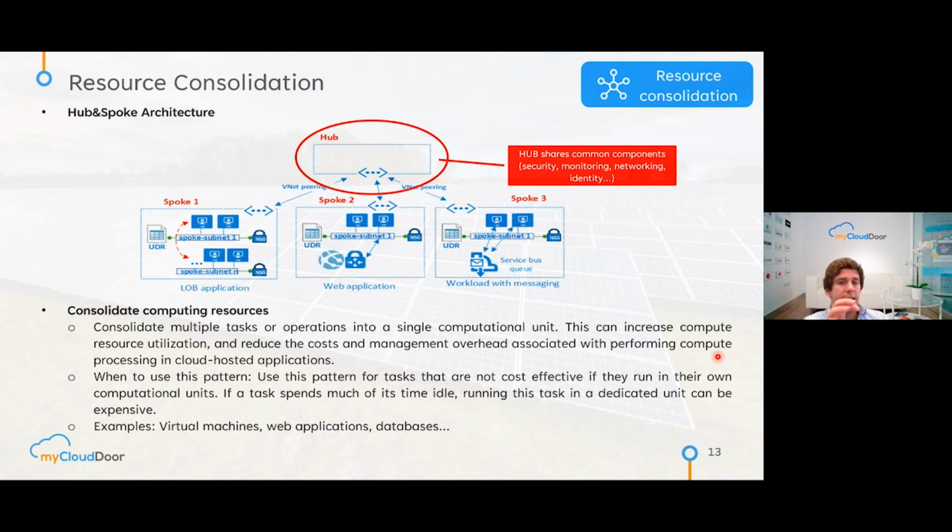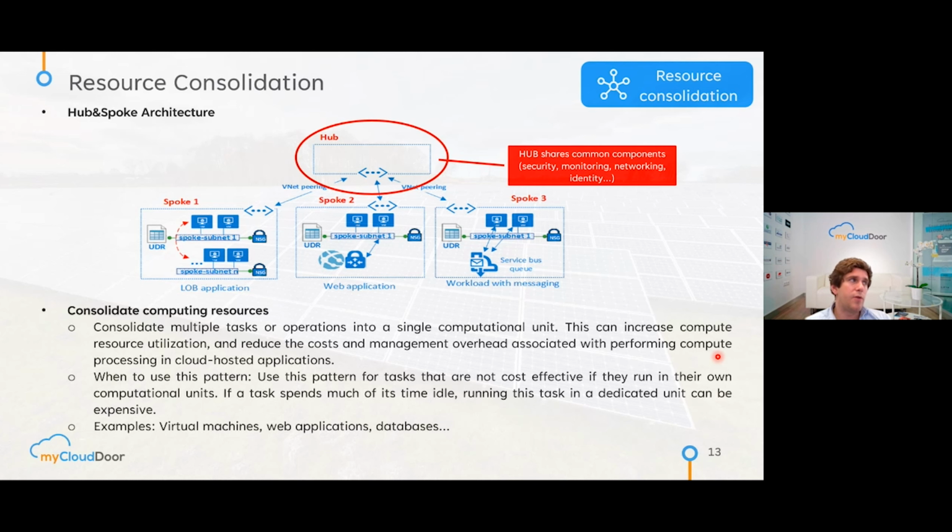So if we are using this central services layer, we are able to share this cost among all the different applications I have. So it's important to have this in mind when defining any architecture. So I'm able to share some cost between the different departments or between the different entities I have in the company.